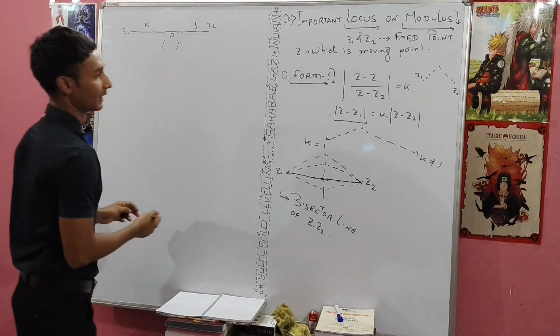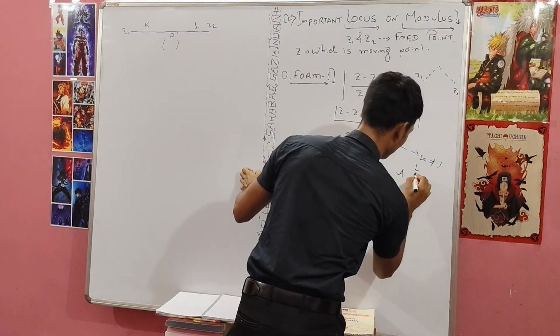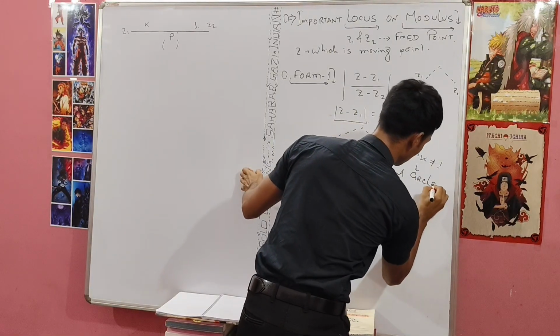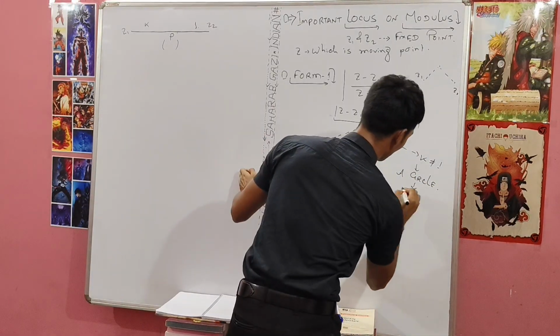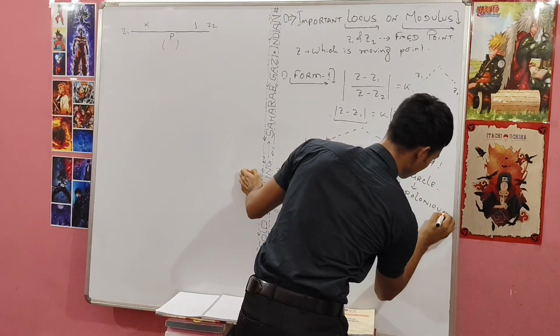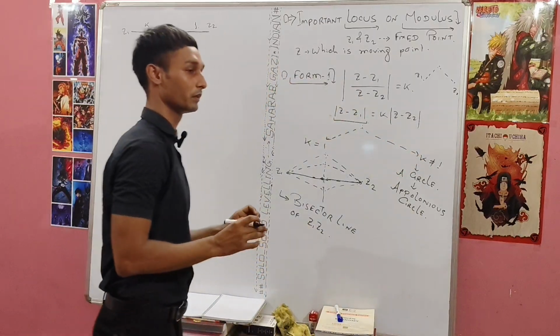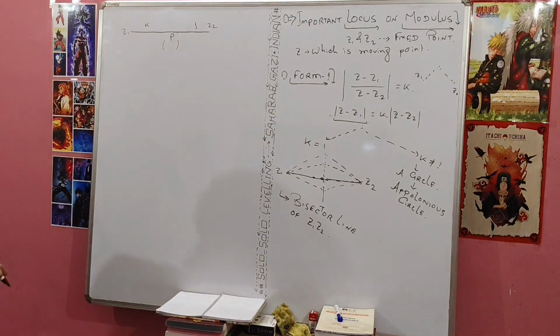Okay, it's nothing but a circle. Actually, a circle, which is also called the Apollonius circle. Okay, how will we get this circle?